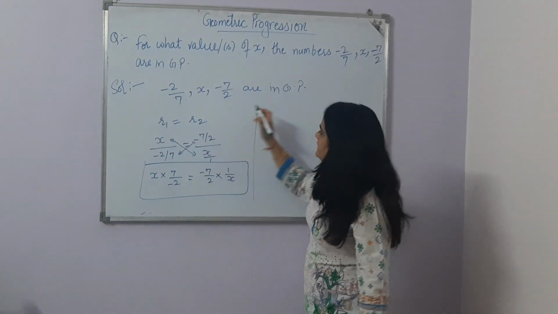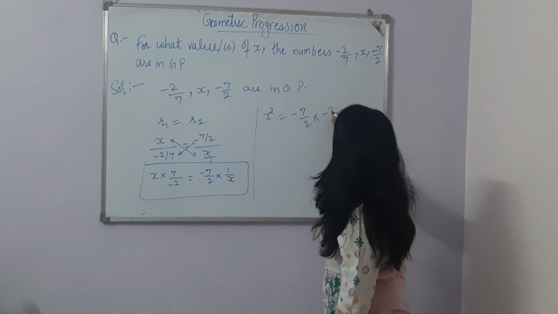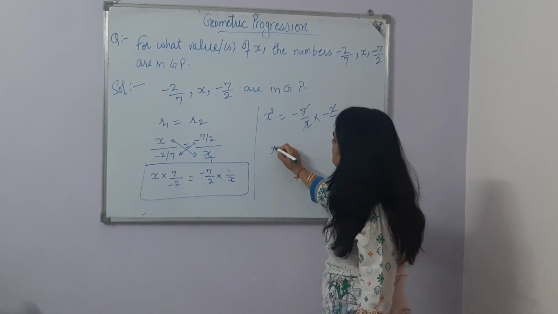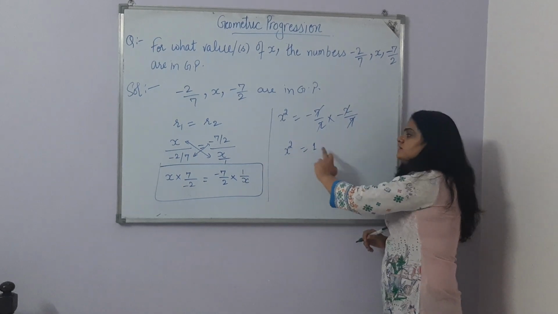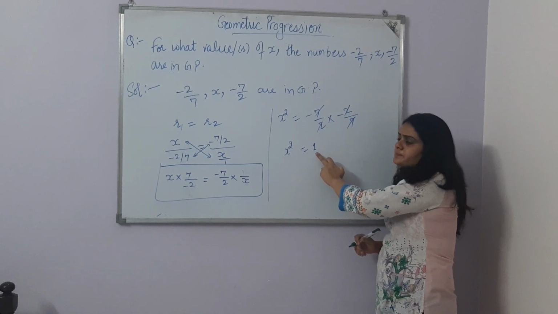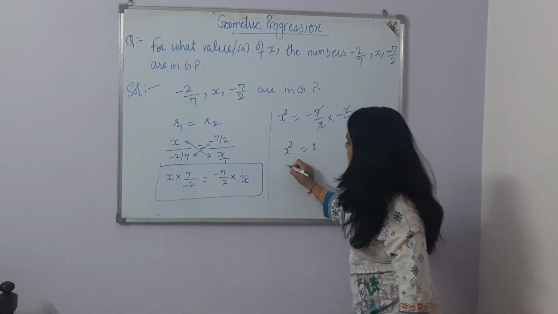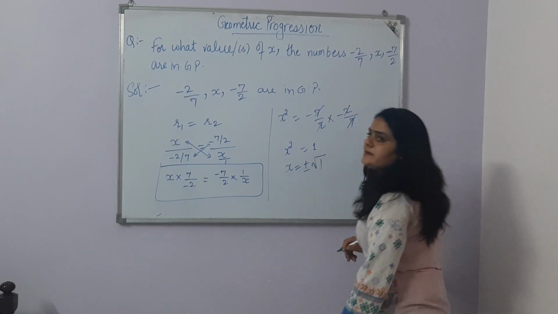It is x into x, which is x squared, and -7/2 into -2/7. The 2 cuts with 2, the 7 cuts with 7, so x squared is equal to 1. When the power goes to the other side, it becomes plus or minus the square root of 1.